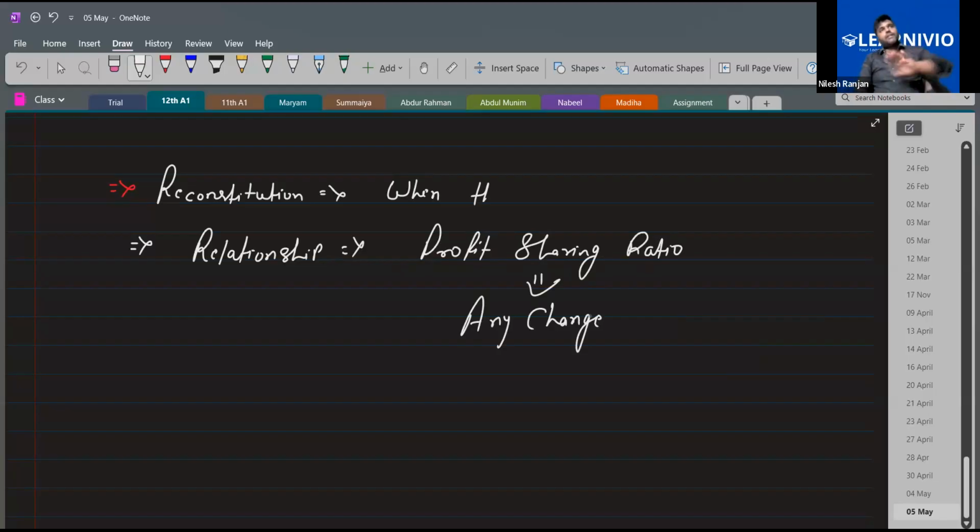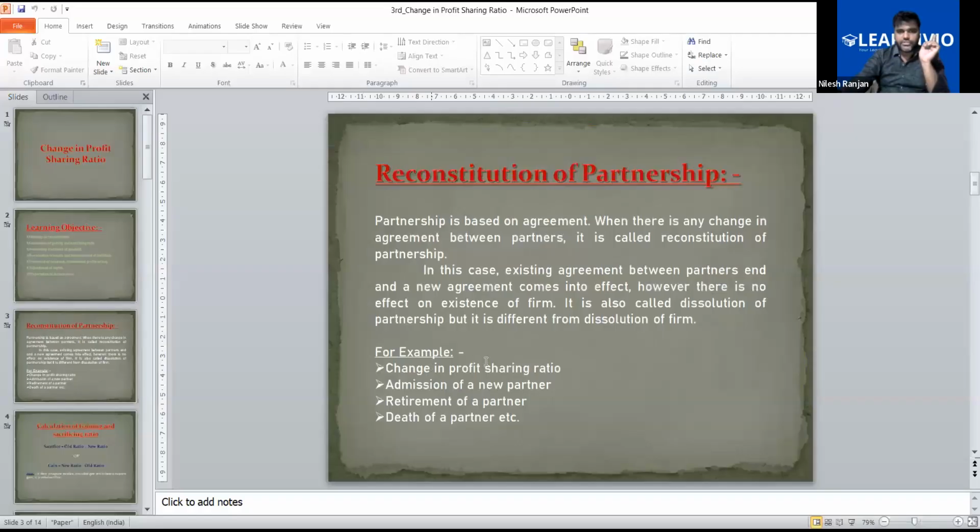So there are different types of situations where change in profit sharing ratio is required, or it will happen automatically. So the first is change in profit sharing ratio. As you can see here, change in profit sharing ratio, admission of a new partner, retirement of a partner, death of a partner, and there is one more situation which is called amalgamation of partnership firm.